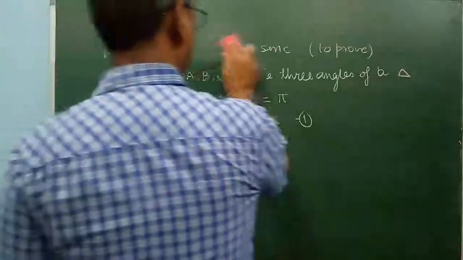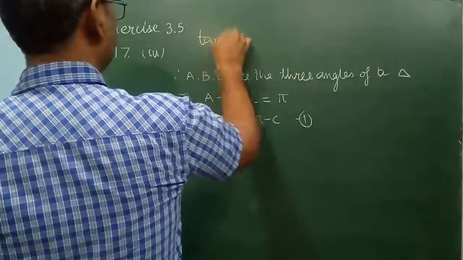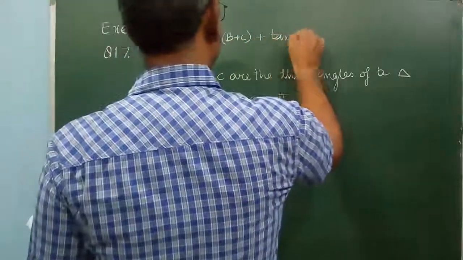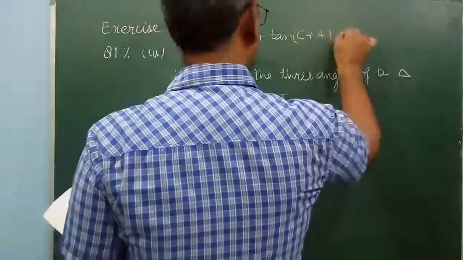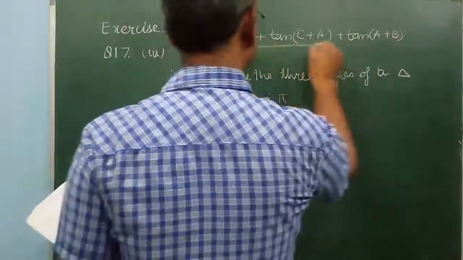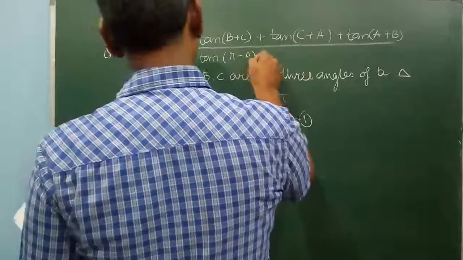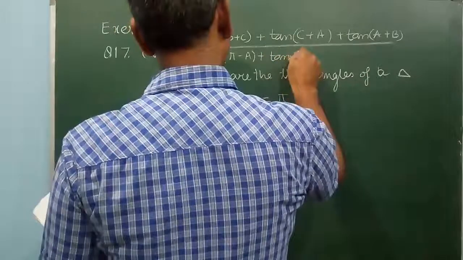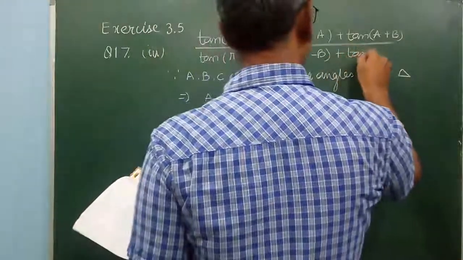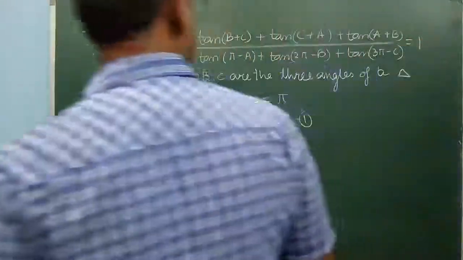In the third part they have given you that tan B plus C plus tan C plus A plus tan A plus B upon tan pi minus A plus tan 2 pi minus B plus tan 3 pi minus C equal to 1. This we have to prove.